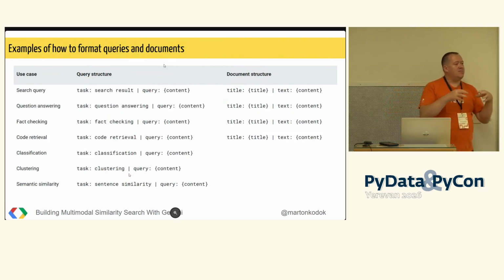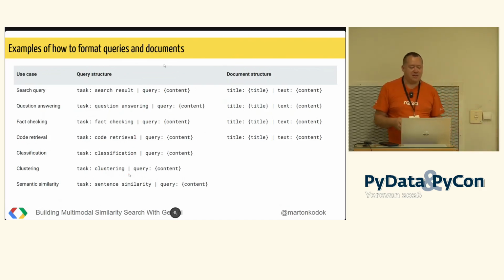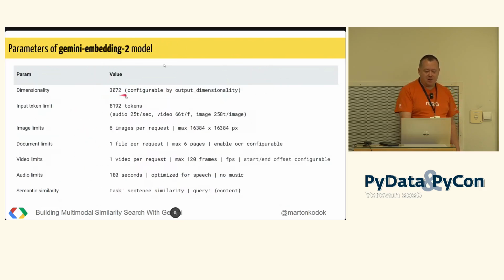They are doing better in order to organize this. For example, code retrieval is a different technology than everyday language, how we talk about it. And it's very helpful for the model itself. Some parameters: the dimensionality, everything is 8,000 tokens.